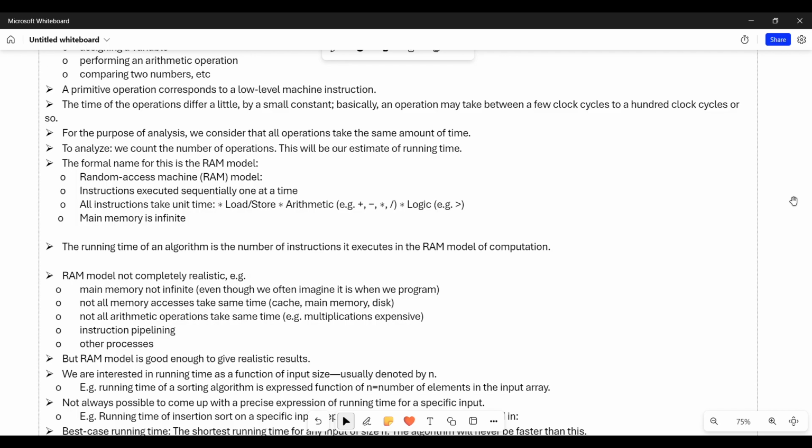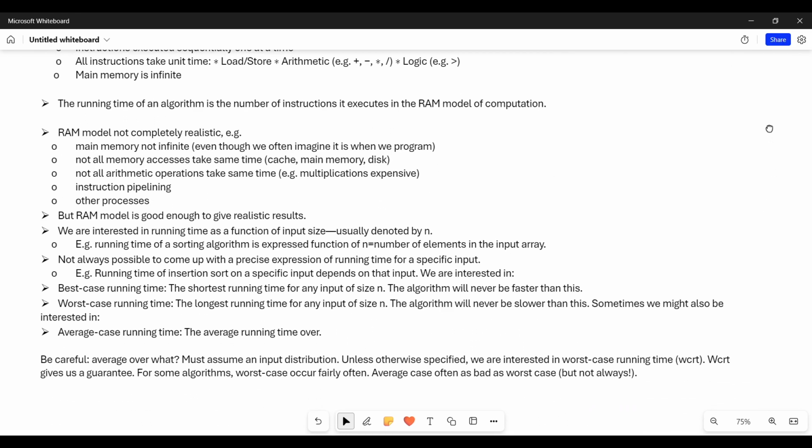It may differ for these reasons. But the RAM model is good enough to give an approximate result of the analysis. So for that we go for theoretical analysis like the RAM model.